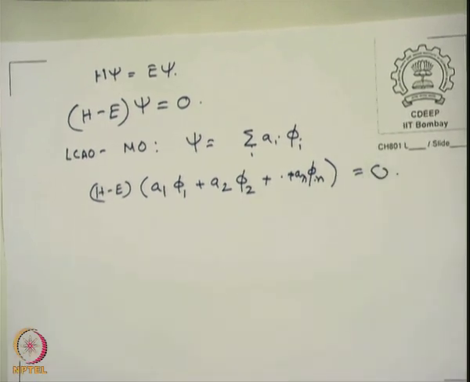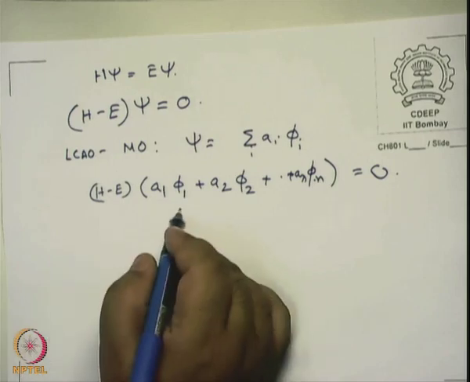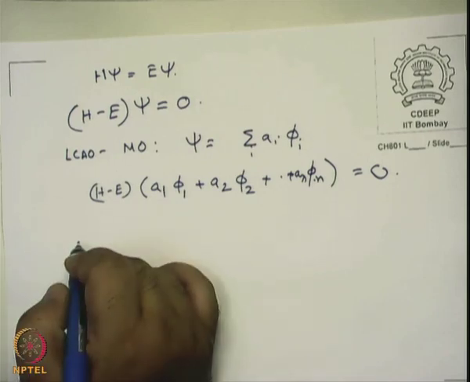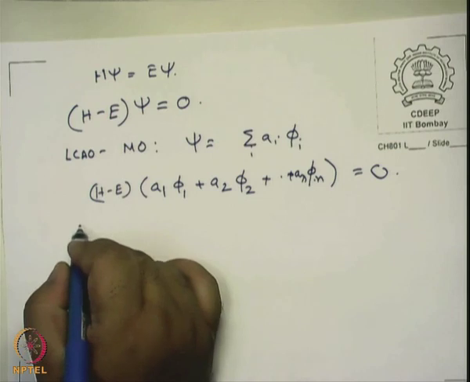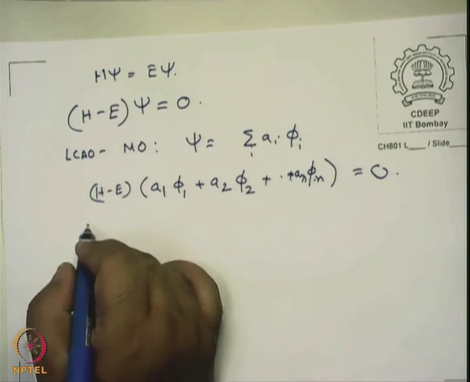I will try to arrive at a set of secular equations so that I can solve this, because there is no way I can know all these coefficients from just one equation. So, the common technique in quantum mechanics is to left multiply by phi_1, let us consider all orbitals to be real for now, and integrate.